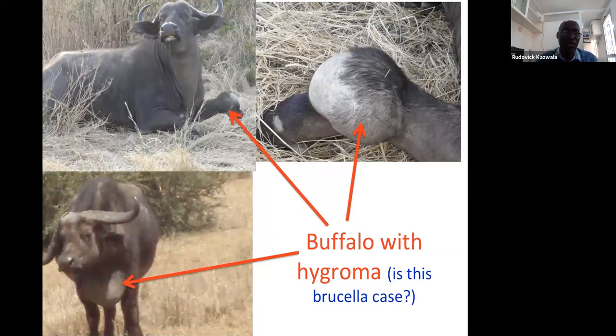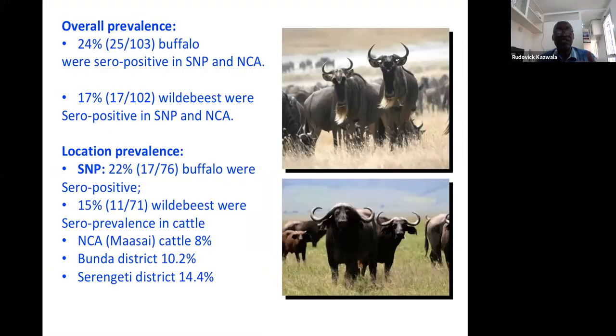Like these buffaloes in different ecosystems, they had hygroma, which is very suggestive of Brucella. And actually, for the one on the top right, we captured this buffalo, and we extracted the fluid, and it was full of Brucella abortus material.